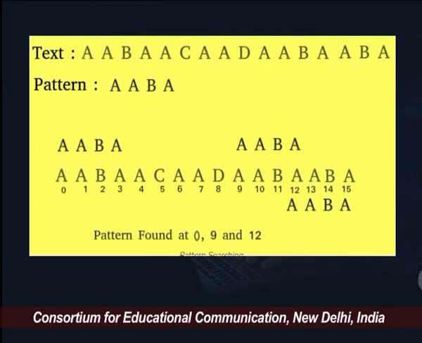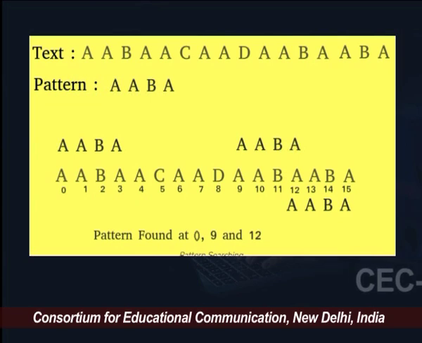What should we expect? This is the kind of input and output the algorithm is going to have: a text and a pattern. Then by using some algorithm, it could be a naive string matching algorithm or Rabin-Karp or any other algorithm, we will look for that pattern, and as an output we will have the positions of the occurrence of that pattern, which are 0, 9 and 12.